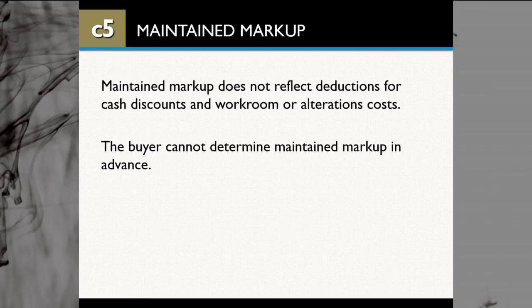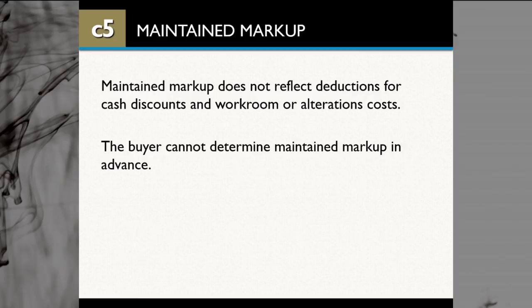You included these for your initial markup, but for your maintained markup, you're not going to reflect this. It's more about your merchandise sold, like products. You're going to use that later in the next step when you calculate your gross margin. But for maintained markup, they don't consider workroom or alteration cost.